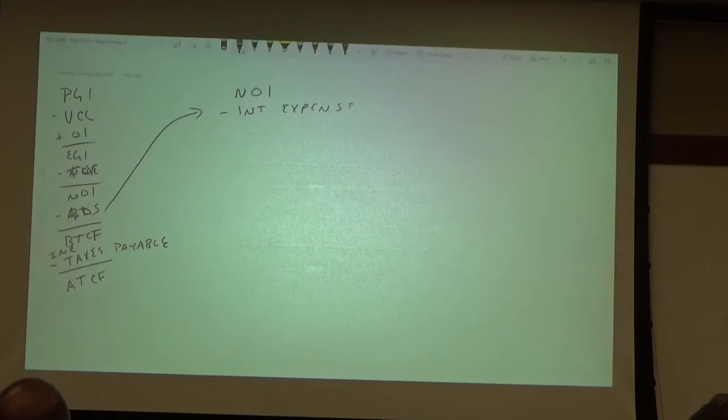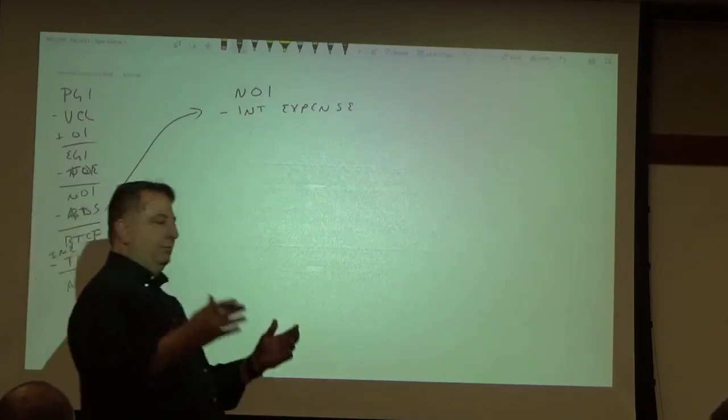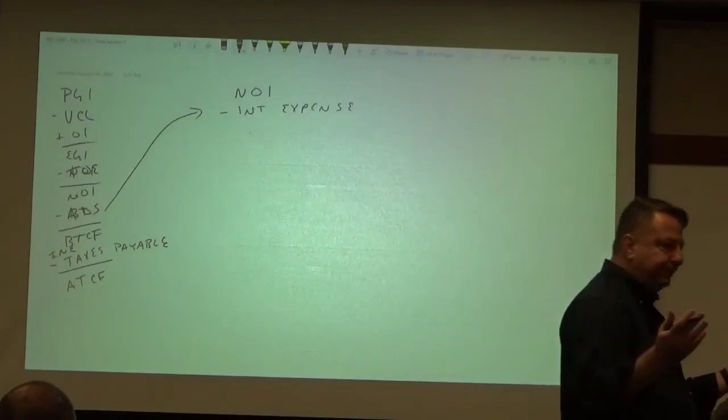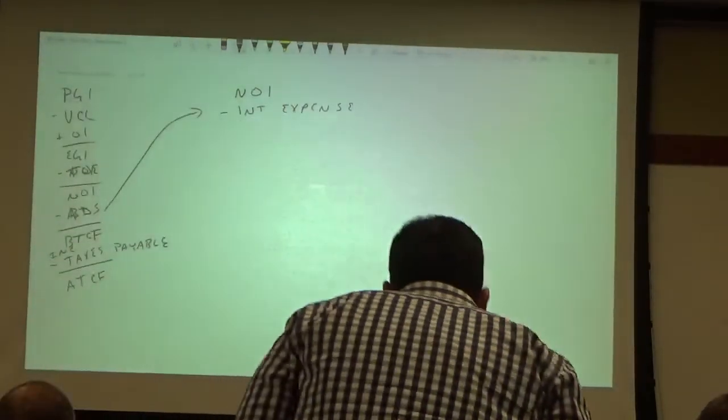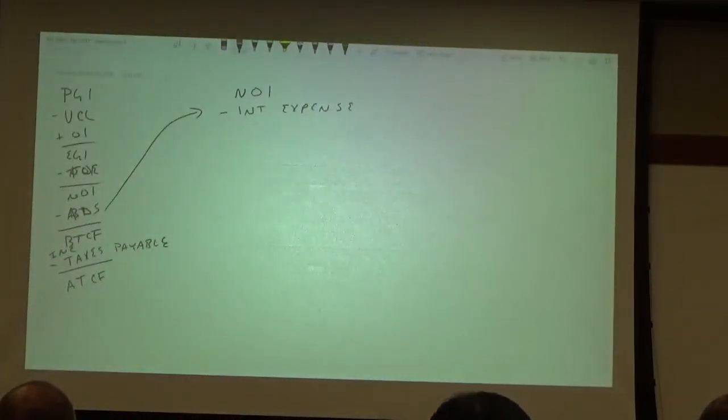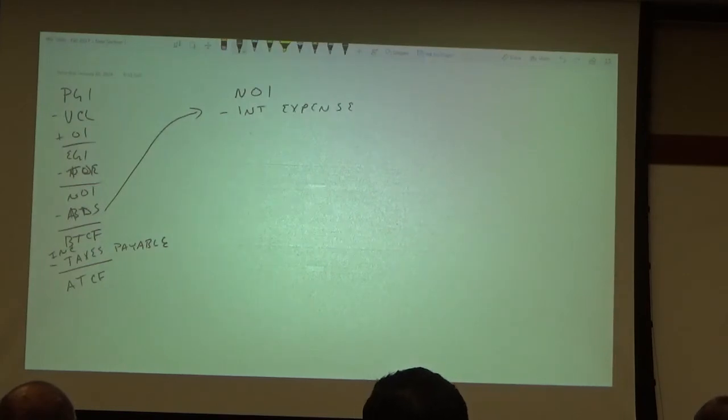You don't get to deduct your full payment. Is everybody clear on that? Yes or no? So your full payment might be, whatever, $1,000 a month, but the principal portion of that might be $200 a month, meaning you only get to deduct the $800 that's the interest expense.